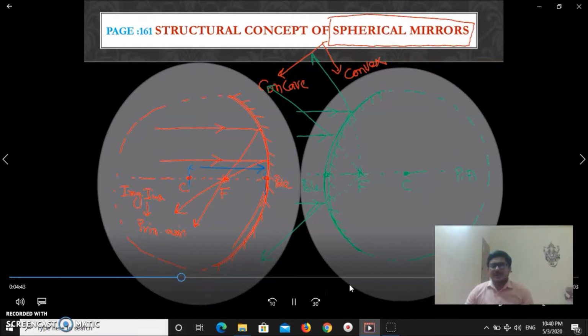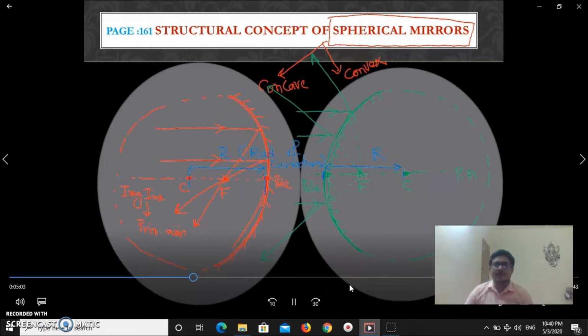Next, the distance between center and pole is known as the radius of curvature. It is actually curvature, not an entire circle. That's why this distance, the radius amount of distance, is known as the radius of curvature.